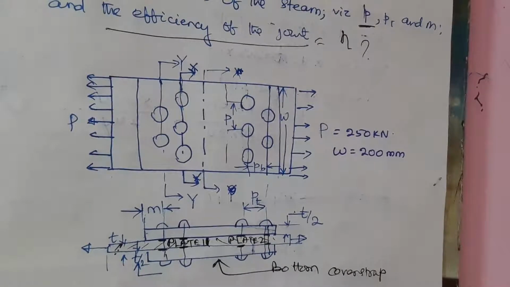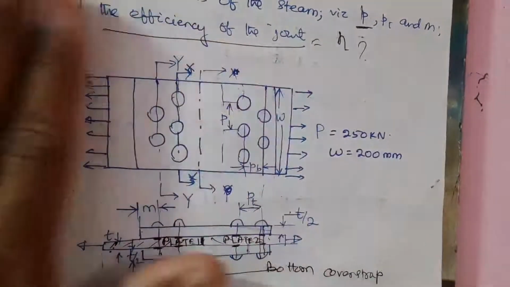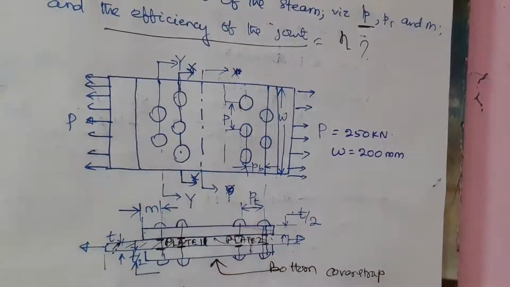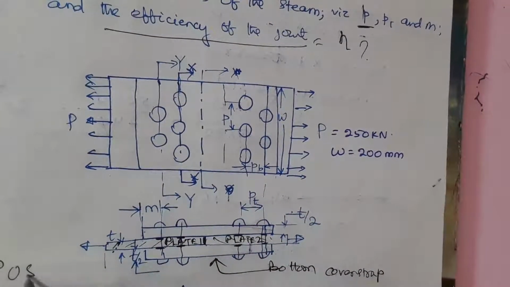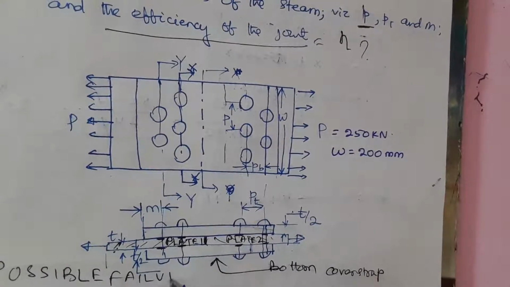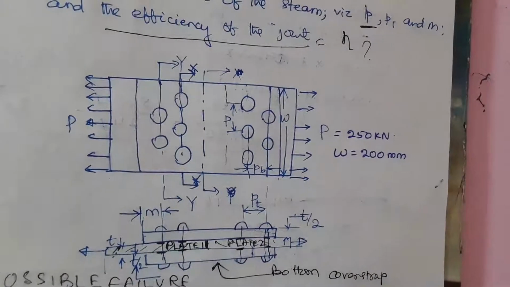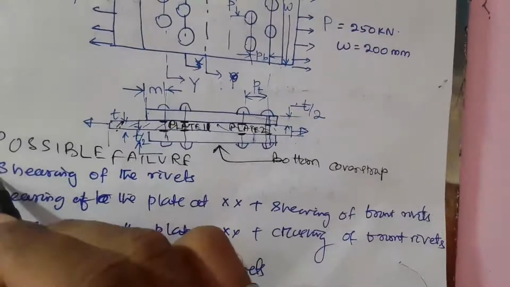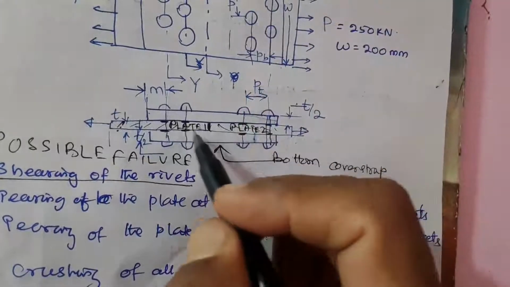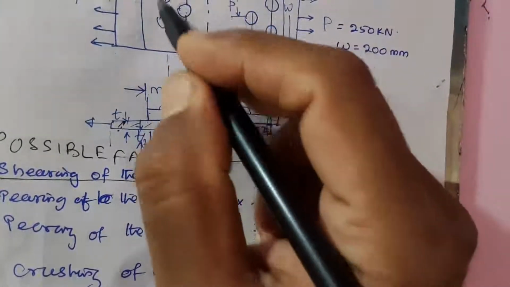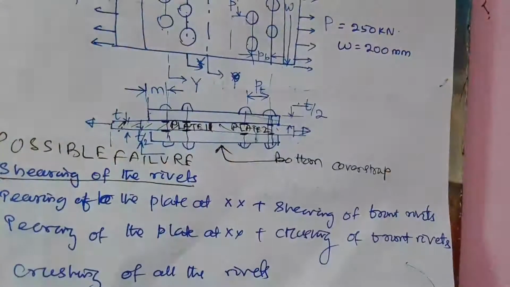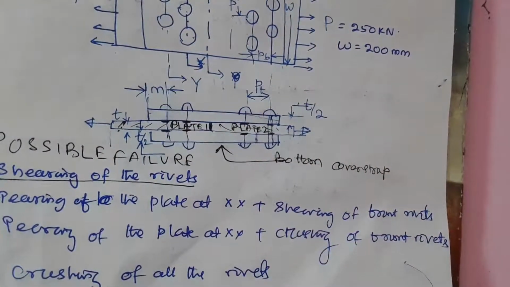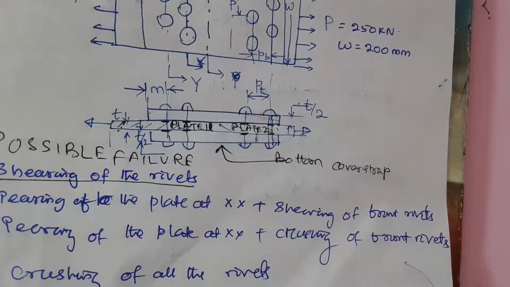So first thing we have to see, if at all the failure happens, the possible failure will be the one where all the rivets will fail at once. At a time all the rivets will fail. So it will happen that all the 1, 2, 3, 4, 5 rivets in two different rows are in double shear and all of them are sheared together, then the failure of the joint can take place.